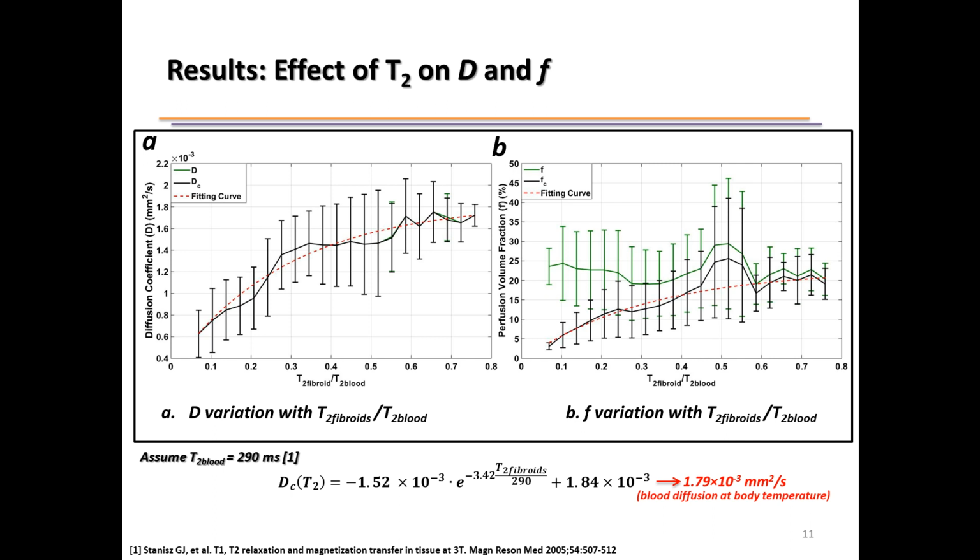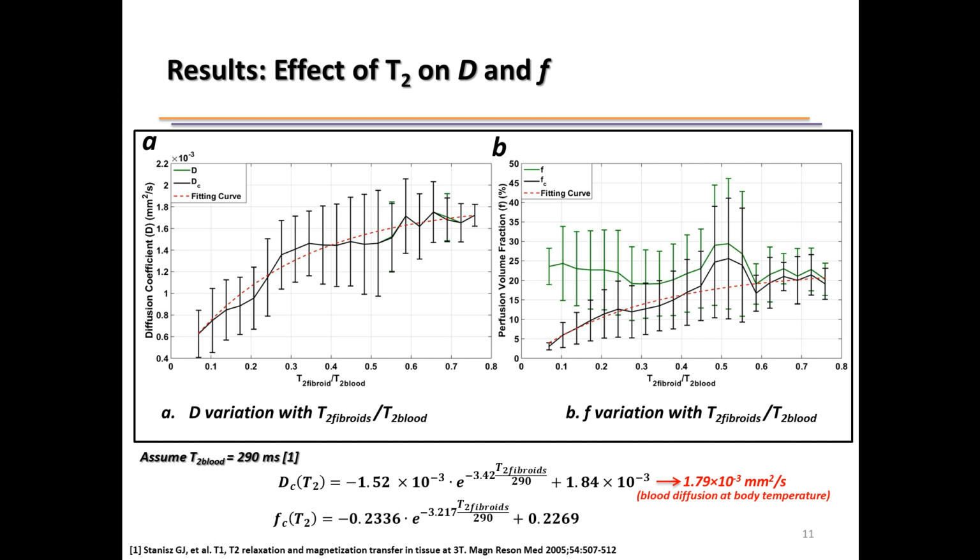It is worth noting that this number is less than the free water diffusion at body temperature, presumably because of the protein in the cellular content of blood. We note in passing that D values measured within small regions of blood vessels were close to this asymptotic limit.